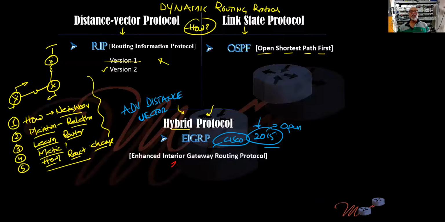The protocol which connects these two is called Exterior Gateway Protocol. If you see the word here, it says Interior Gateway Protocol. The protocols which are inside this are Interior Gateway Protocols.